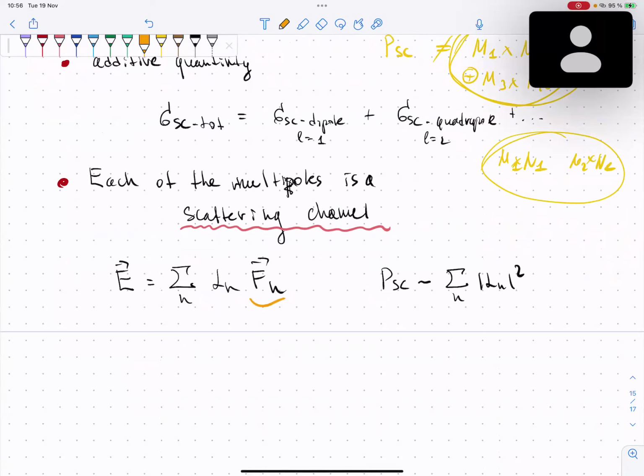So scattering channels should be orthogonal in the far field, which means they should not interfere in the far field.